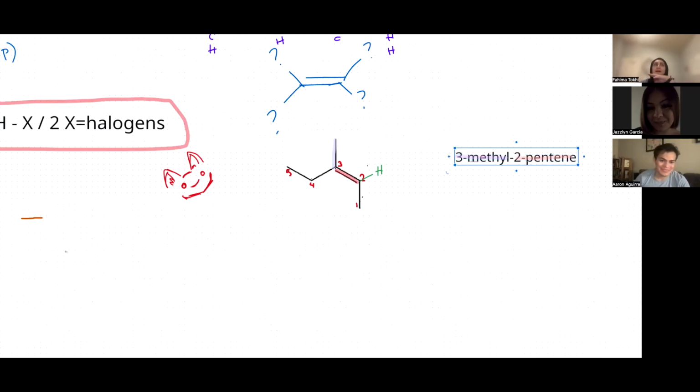Good technique. Of the two big groups, we have a big ethyl group on the left, and compared to the hydrogen, this methyl group is bigger, so they are on the same side. So it is Z-3-methyl-2-pentene. You don't need to number the Z because there's only one double bond, so you don't need to specify 2Z or whatever. It's just one.